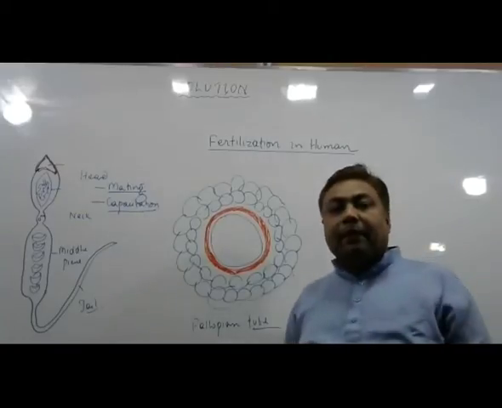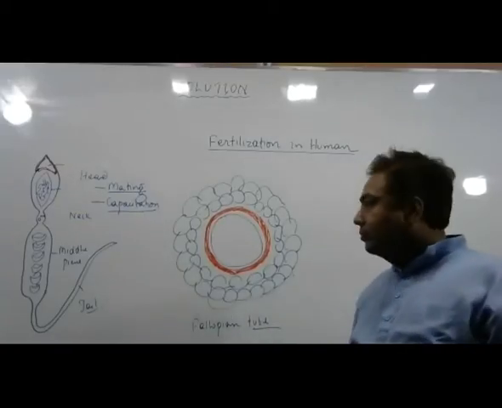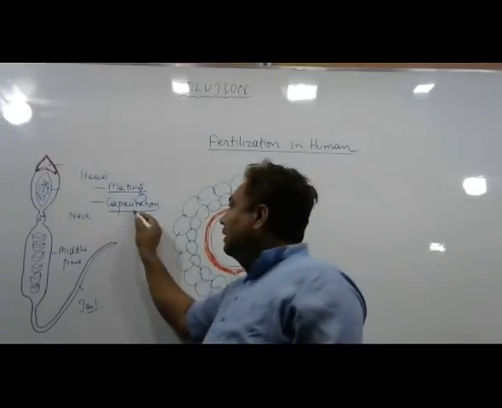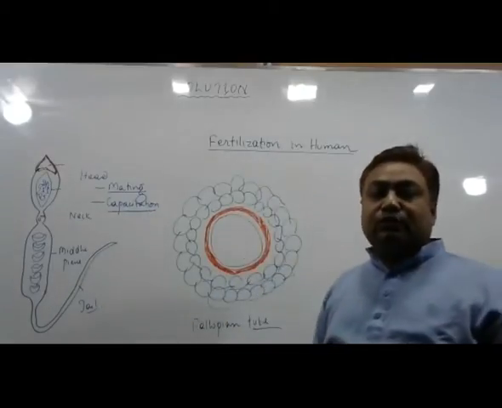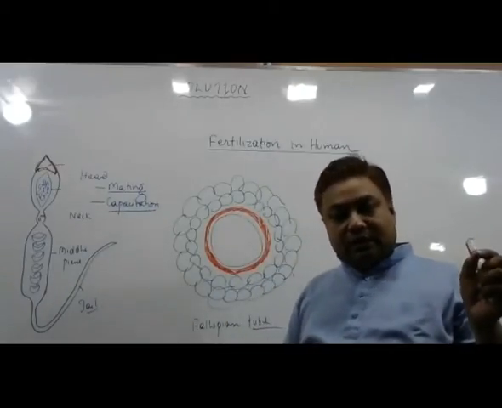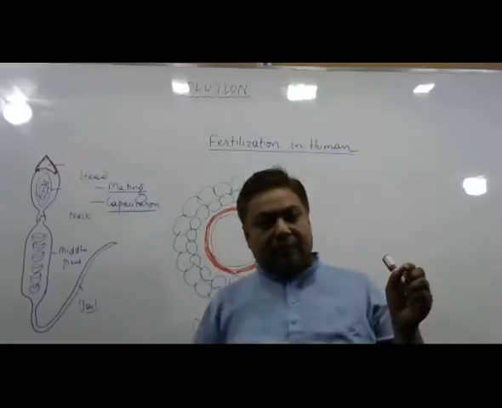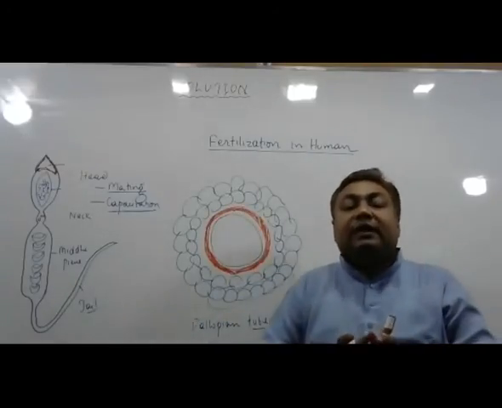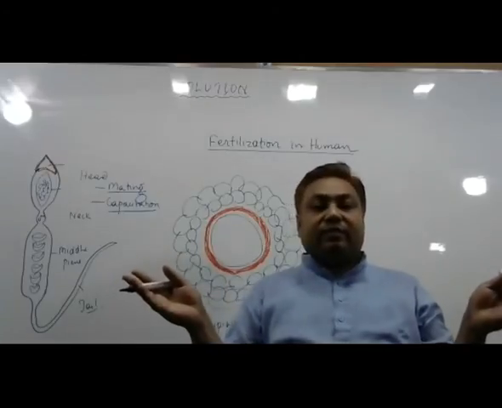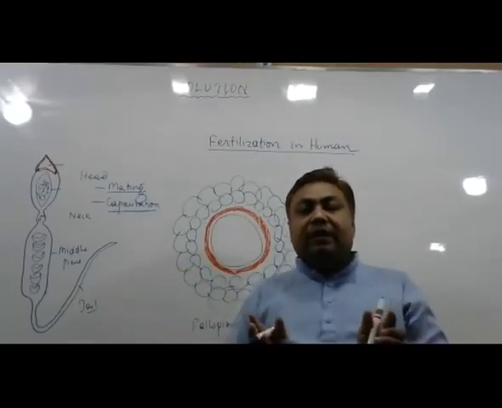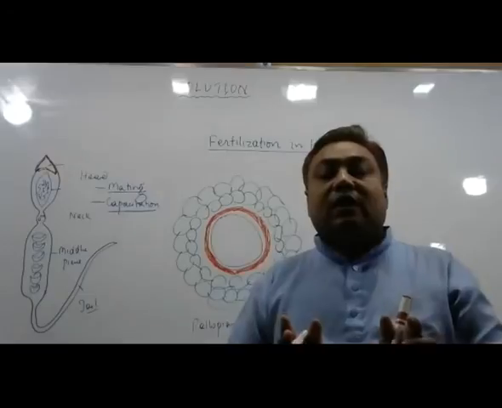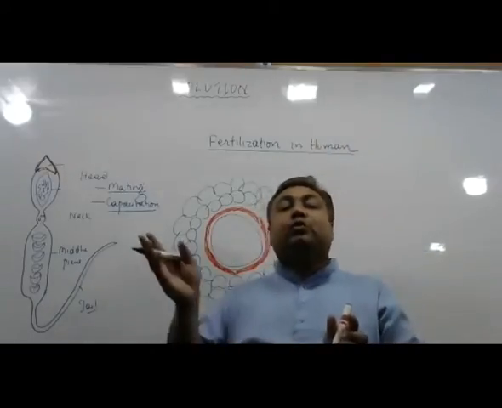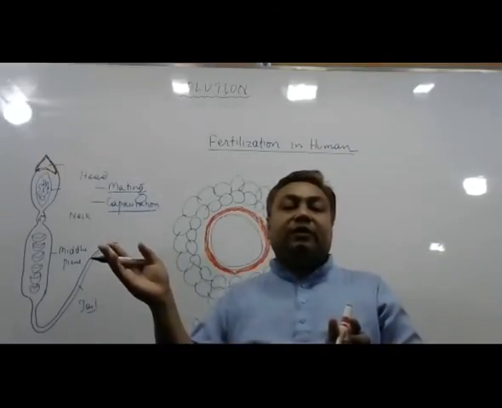Okay, so they take almost 6 hours to reach the fallopian tube. So in the uterus, the number gets half, because half of the sperm moves towards the other fallopian tube.